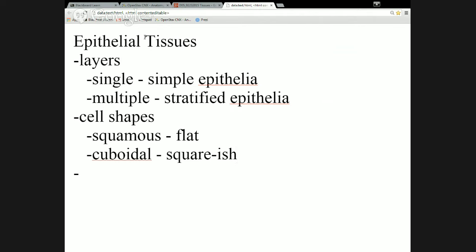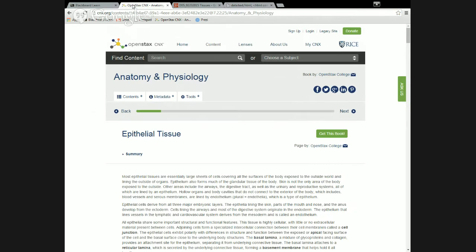I say square-ish because it doesn't really look like a perfect square, but that's the best example. And then the third type is columnar, which means column-shaped, or they're tall, thin cells. So to talk about the layers and cell shapes, I want to move back to the book because that's where we have some pictures to look at.